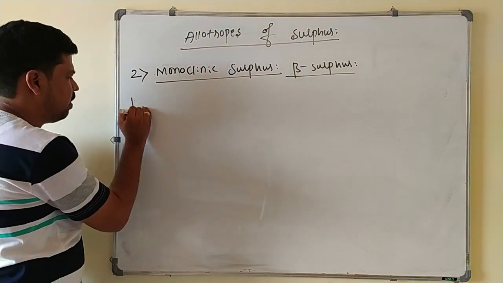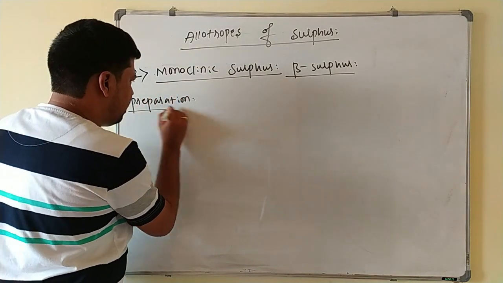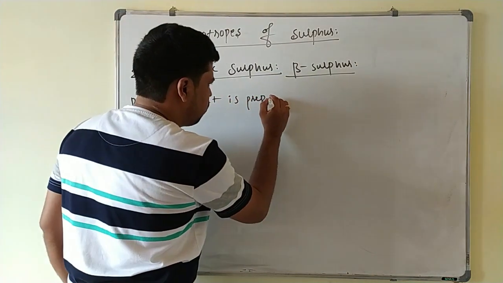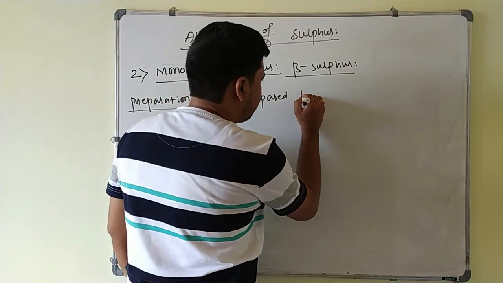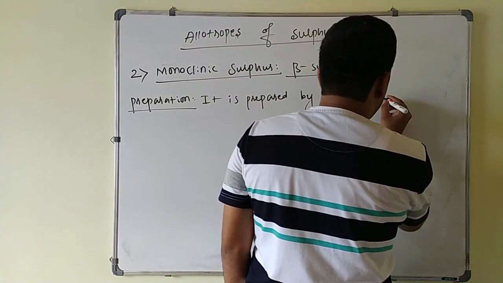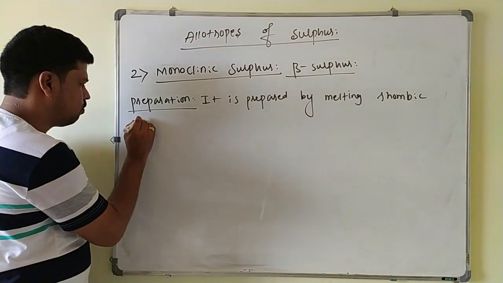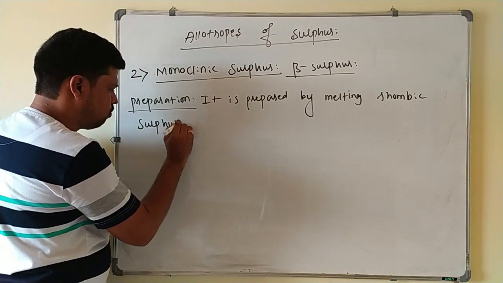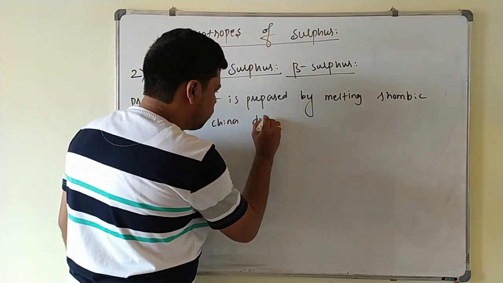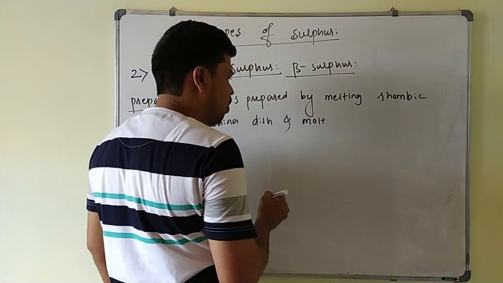So for this one I will write preparation. It is prepared by melting rhombic sulfur in a china dish, and after melting it will become molten sulfur.